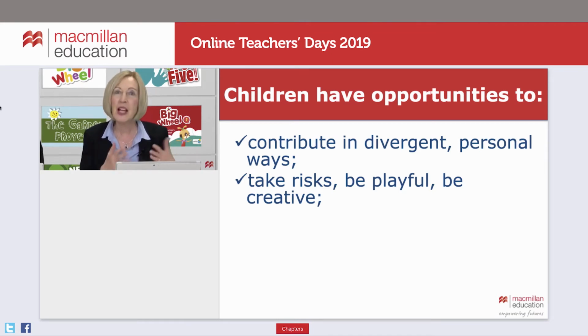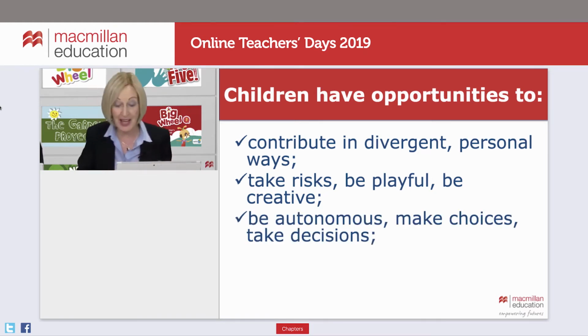We need also ensure that children have opportunities to take risks, to be playful, to be creative. This might be, for example, playing with flashcards or playing with the puppet or doing a little activity where they pretend to be the teacher using the review page of the book, for example.